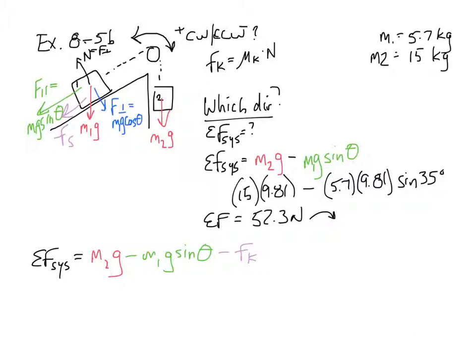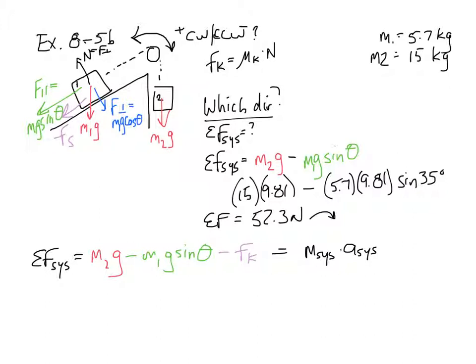And by the way, Newton's second law tells us the net force in the system is the mass of the system times the acceleration of the system. In the first part, there was no acceleration, so everything equaled 0. But now we're going to have an acceleration. The question is, what's it going to be?